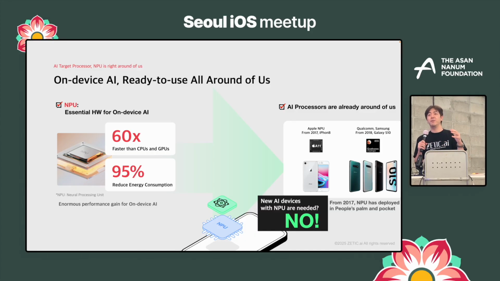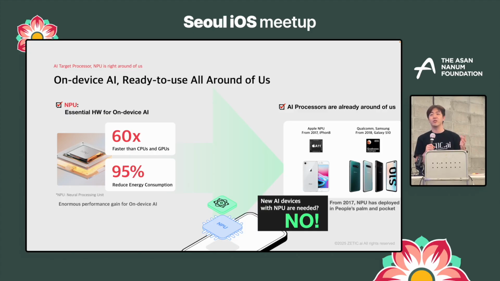We used to say that NPU is a quite new processor, that we would have to buy a new AI processor or AI devices for AI services, but it's not. You already have your AI processor in your palm and pocket. From 2017, Apple released their NPU. I think you might know the Apple Neural Engine.